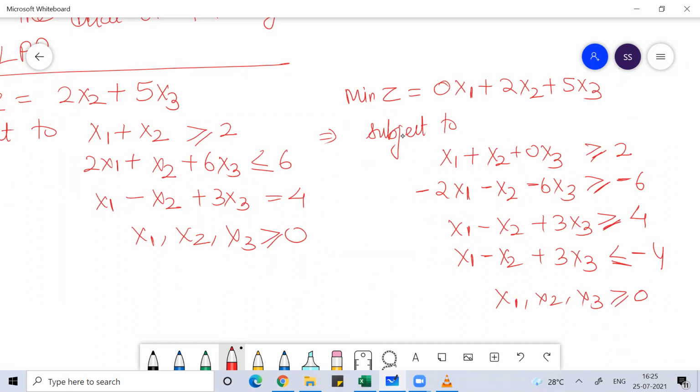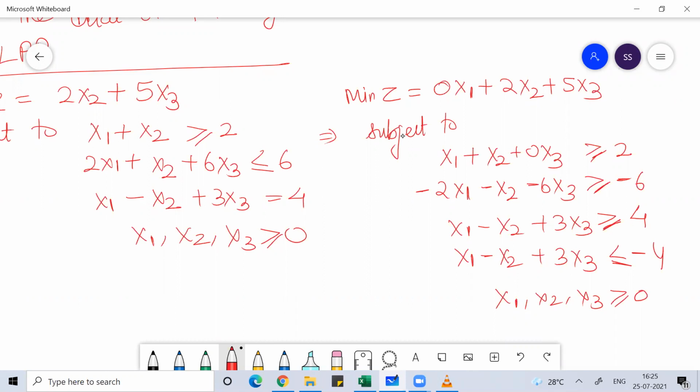Equal to 4 means it would be either greater than or equal to, or less than or equal to, because in the simplex method your constraint should have a greater than or equal to or less than or equal to sign. Your constraint should not have an equal to sign. That is how we do it in the simplex method.